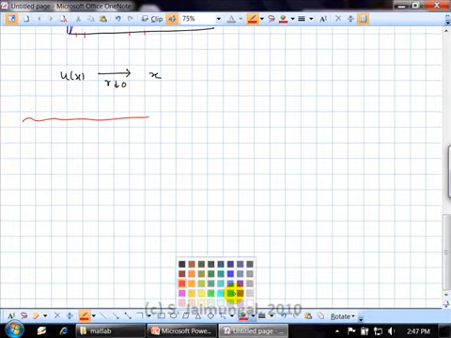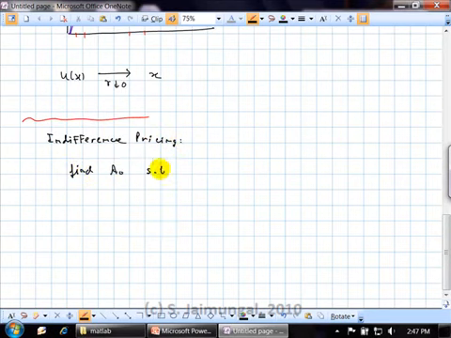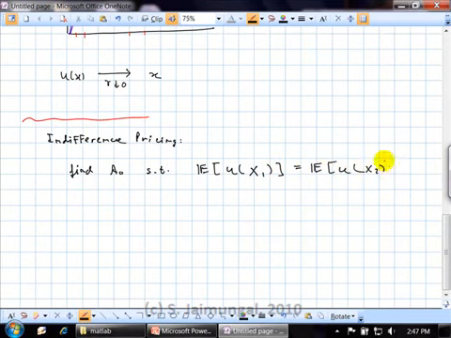That procedure, what I just described, is called indifference pricing or certainty equivalence price. So you're going to find A0 such that, I'm just going to write this mnemonically and then we'll write it correctly in a second, the expected utility of game one is equal to the expected utility of game two.